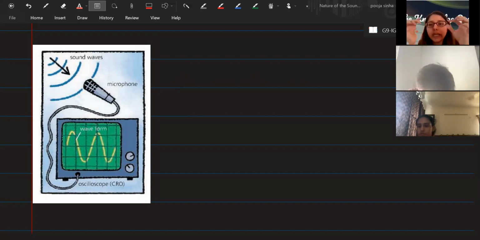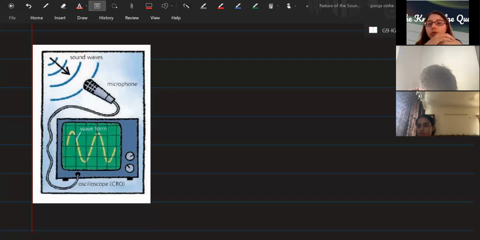So what happens in that microphone? When you speak into it, there is a crystal and a metal plate inside. That metal plate starts vibrating. As you increase or decrease the sound, the changing vibrations are converted into an electrical signal.